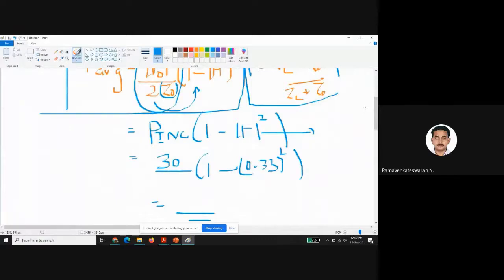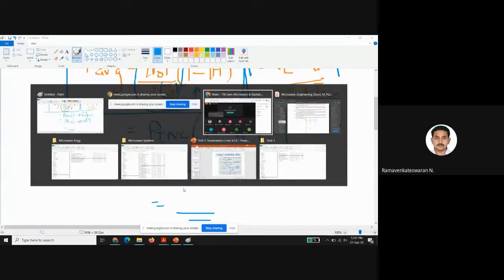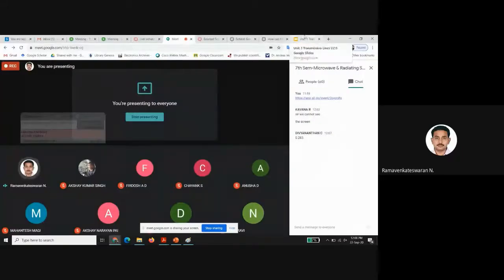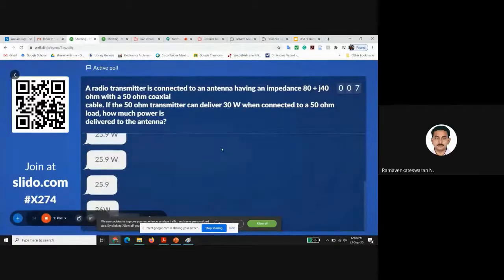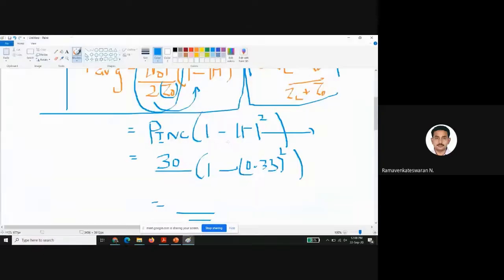Is that clear? So you would get close to the answer you have already told me. Is everyone getting 26 watts using these steps?